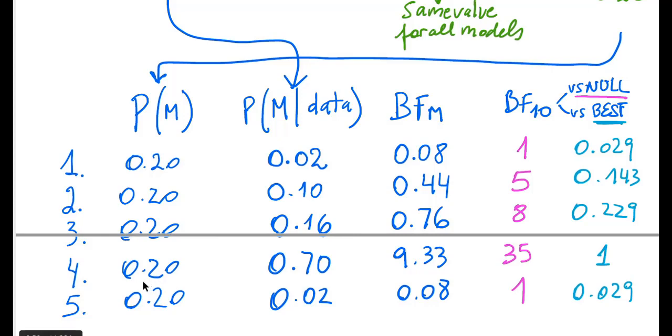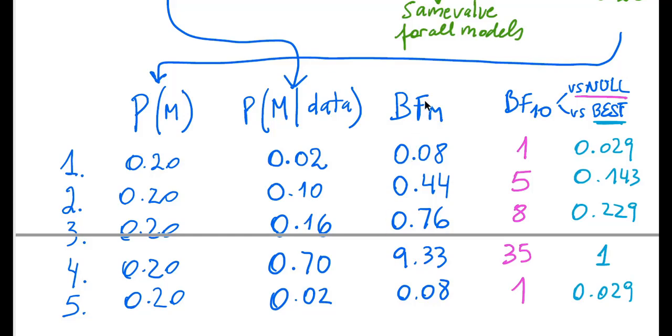Now the only model that went up is model 4, which contains both variable x and variable z. That model now has a probability of 0.70. So it went up from 0.2 to 0.7. And model 5, which has all the variables and the interaction, went down from 0.2 to 0.02.